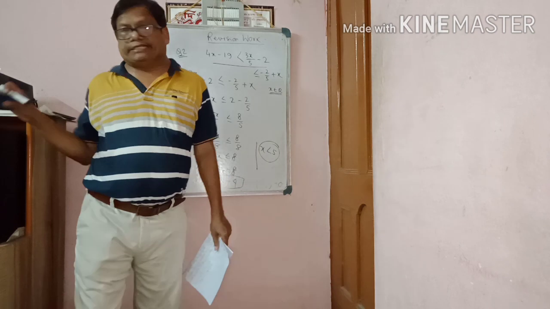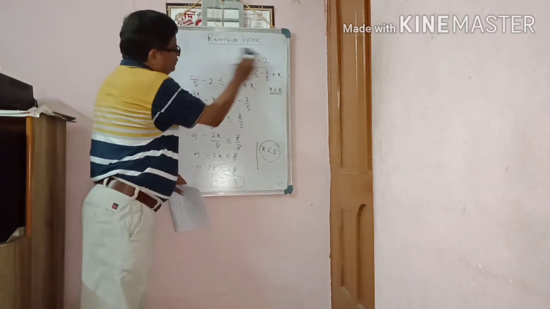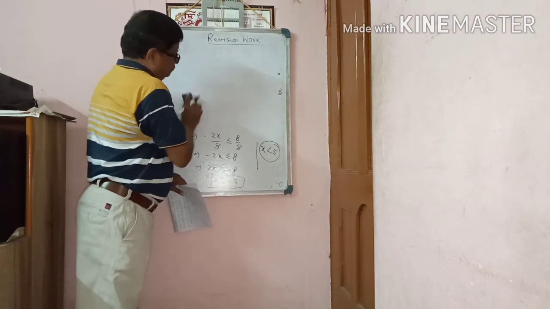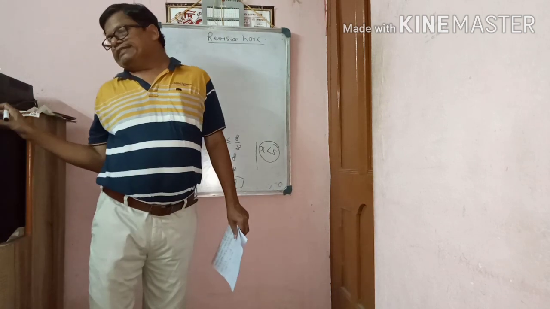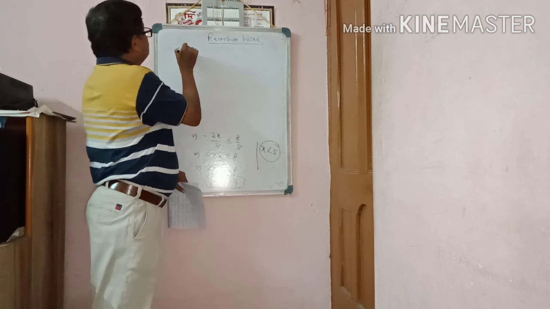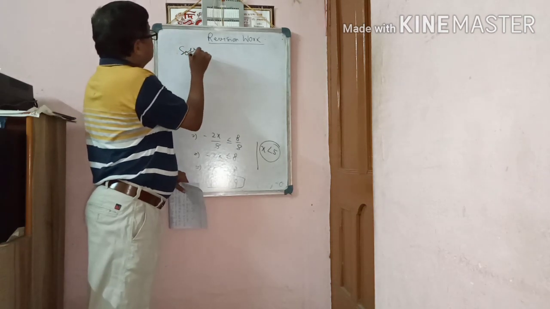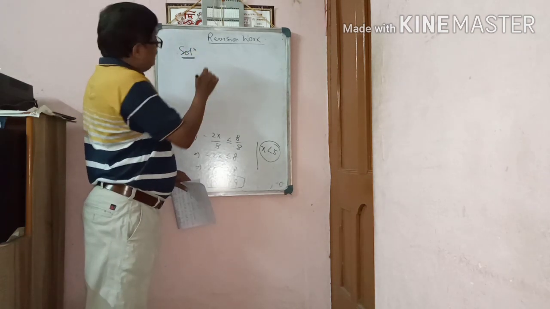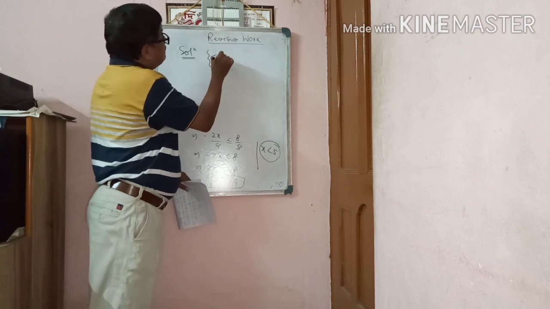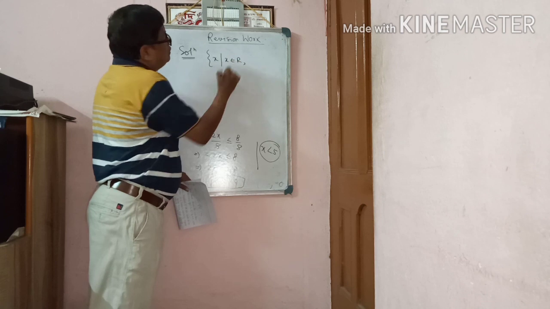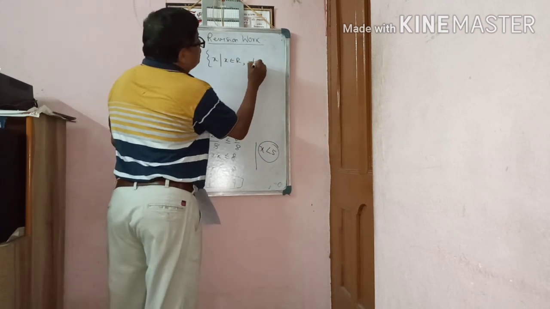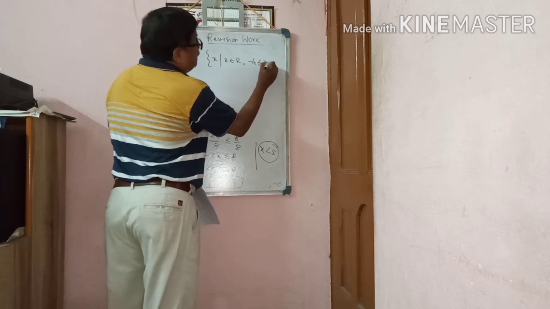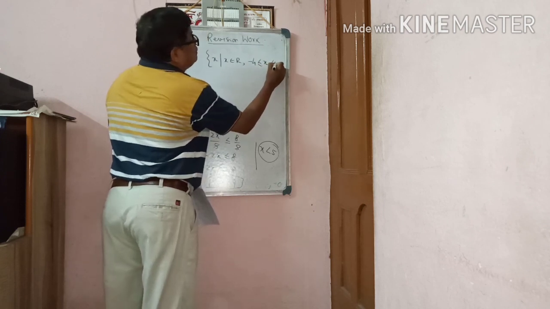See, you have to write the solution set: x such that x belongs to R, real numbers are given. So minus 4 less than or equal to x less than 5.